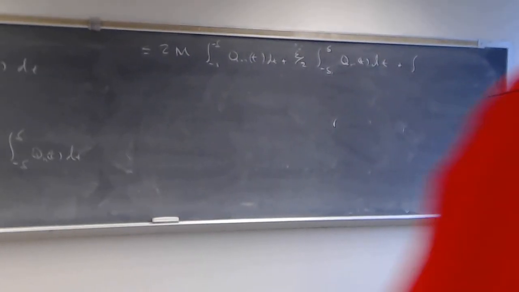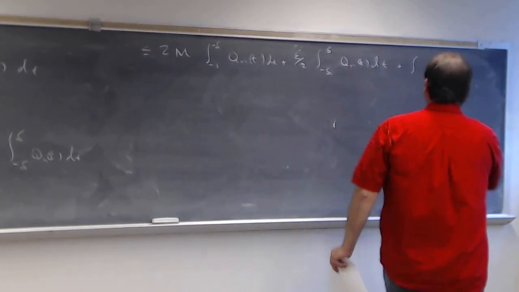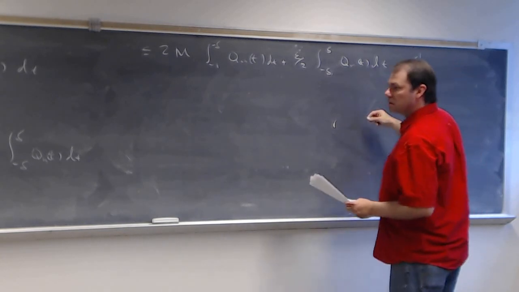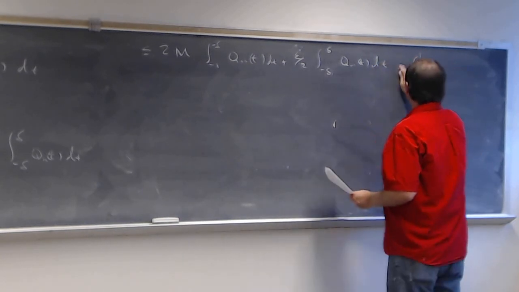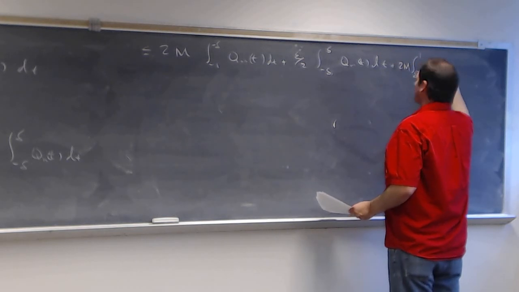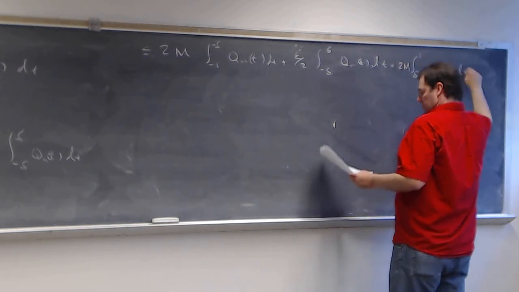Okay. Here's the integral from delta to 1. We have that 2m. Right. So I need the 2m again. Delta to 1, q sub n of t dt. Okay.